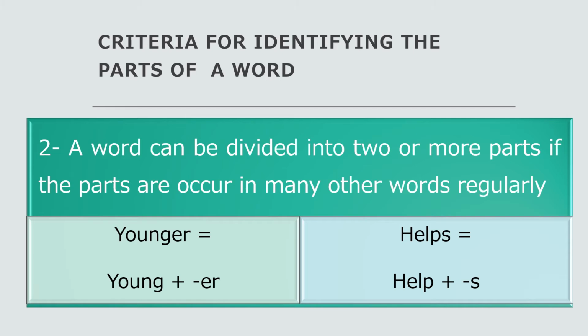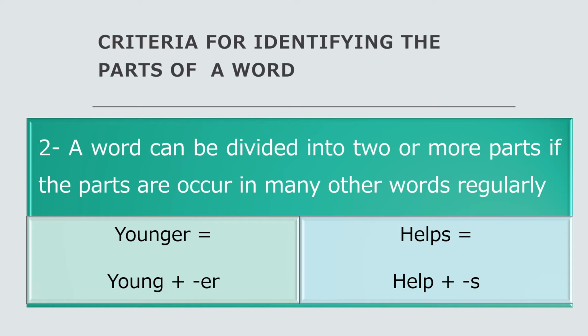For example, the er in younger also comes with helper, sleeper, kicker, killer. So there is a regularity in the occurrence of er in English, and we can divide younger into two parts, young and er.